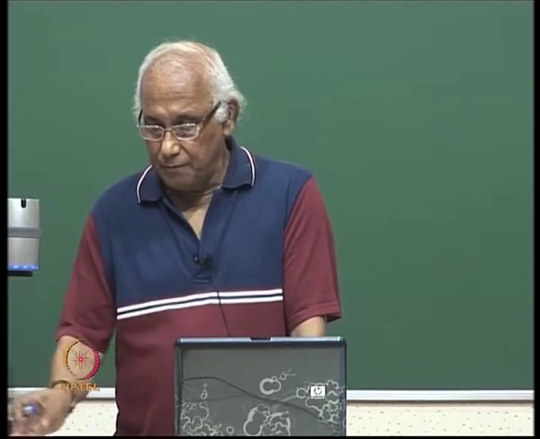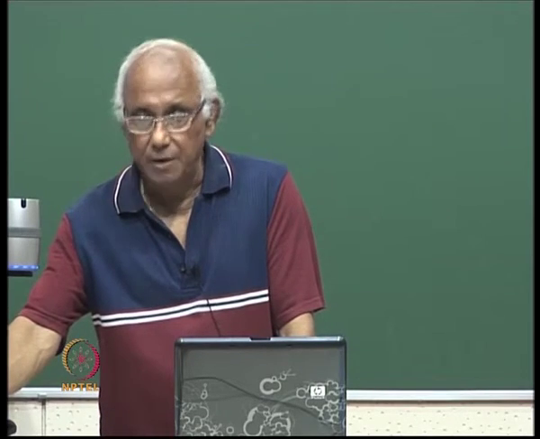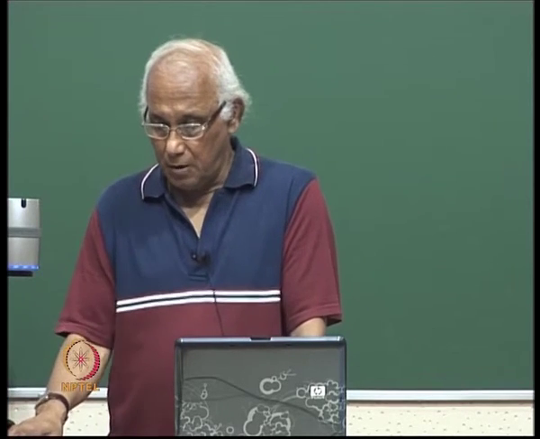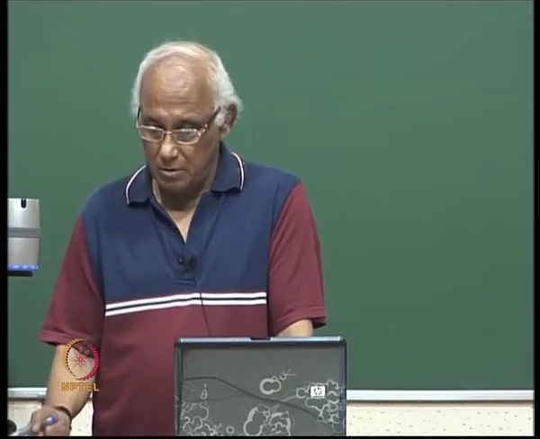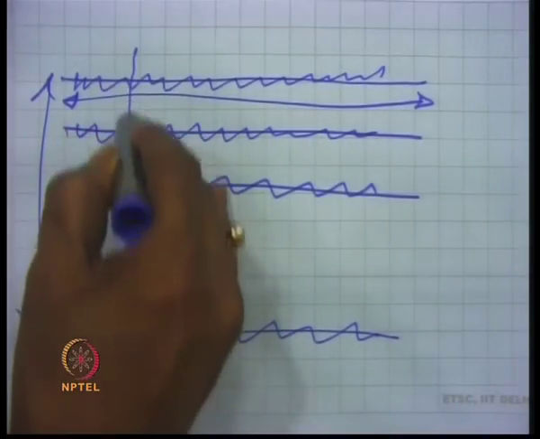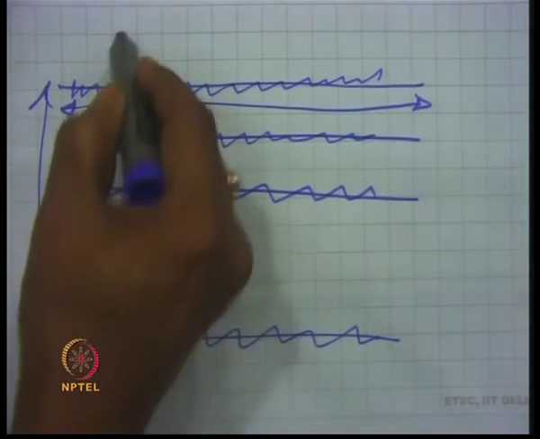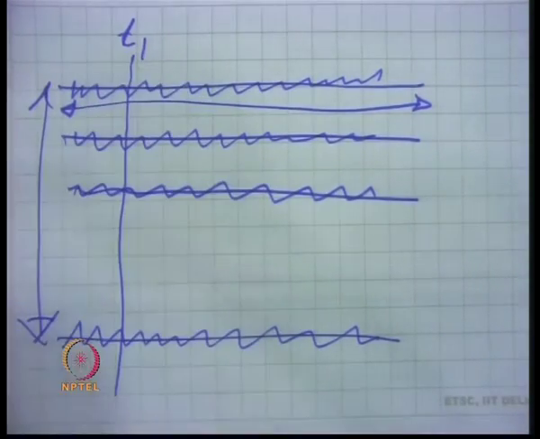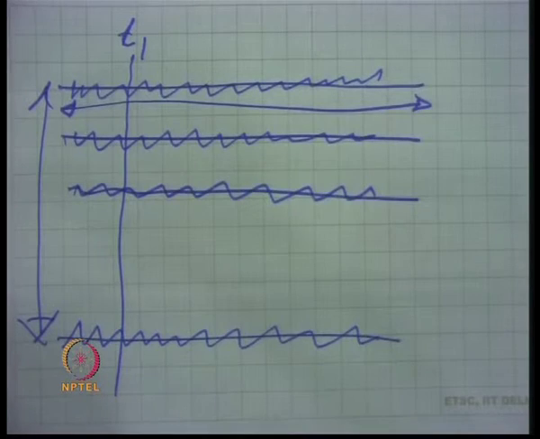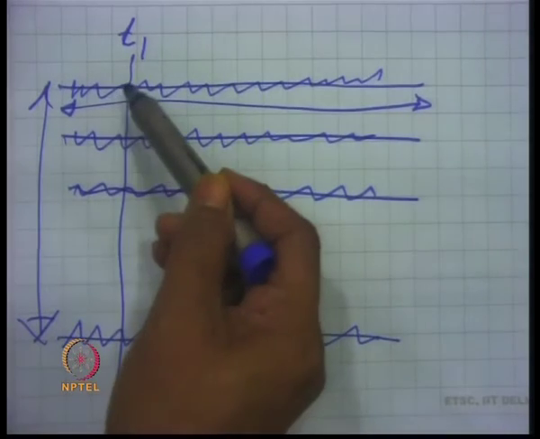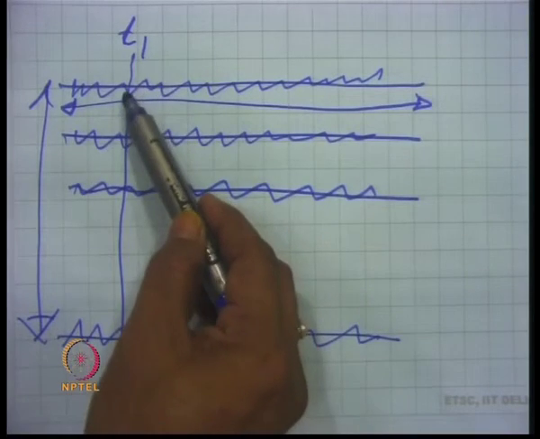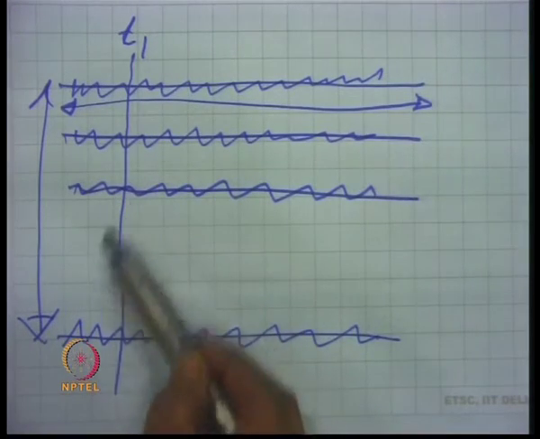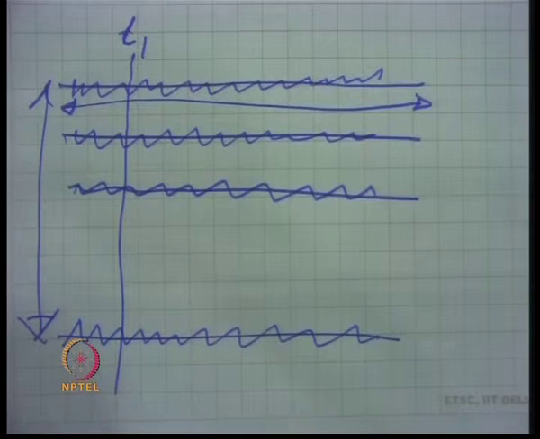Now, in reality we have a finite number of ground motion records and finite duration. Now, if I take any time t1, then at that particular time t1 I will get the ordinate from each one of these samples in the ensemble.